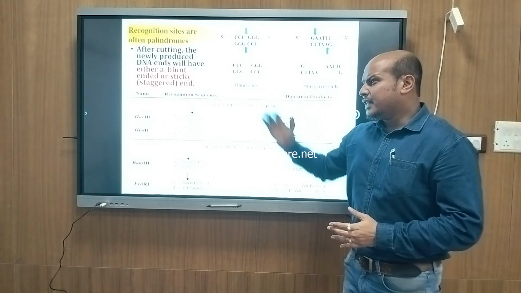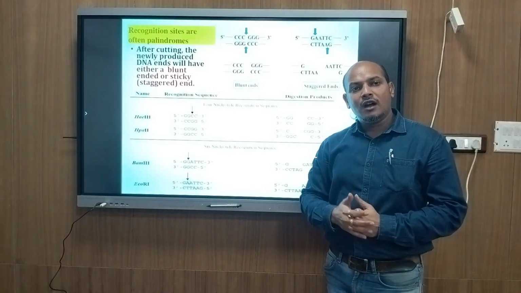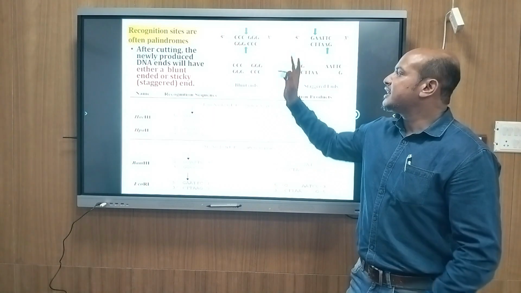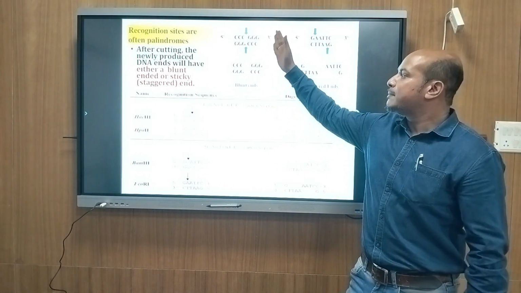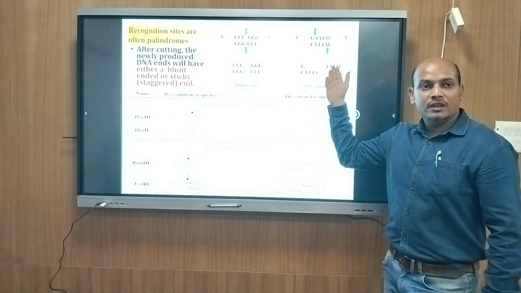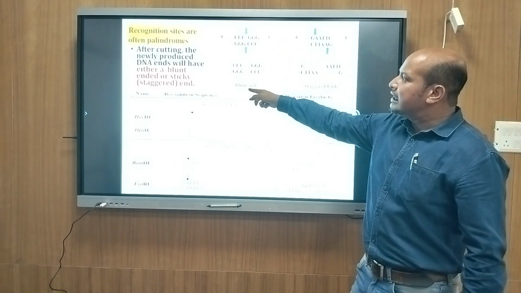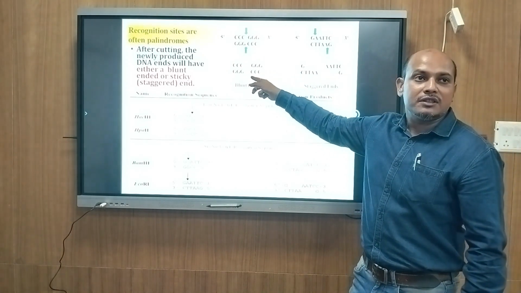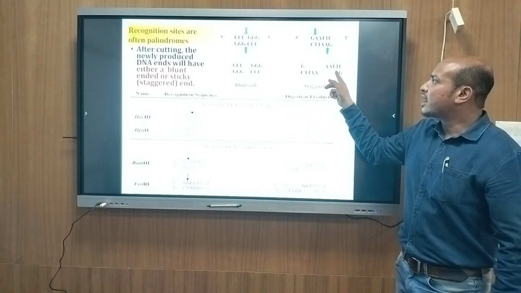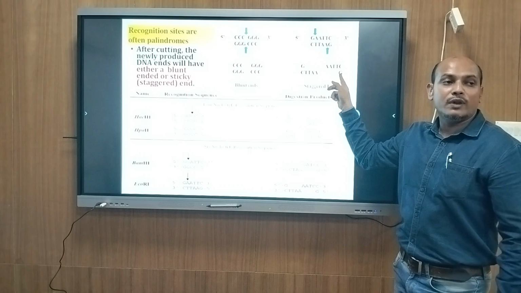The nature of the digestion produced by the restriction endonucleases can be of two types: either the blunt end type or the staggered end type. Blunt end type means there is a clear cut with no overhanging DNA sequences, whereas staggered cuts produce certain overhanging sequences.